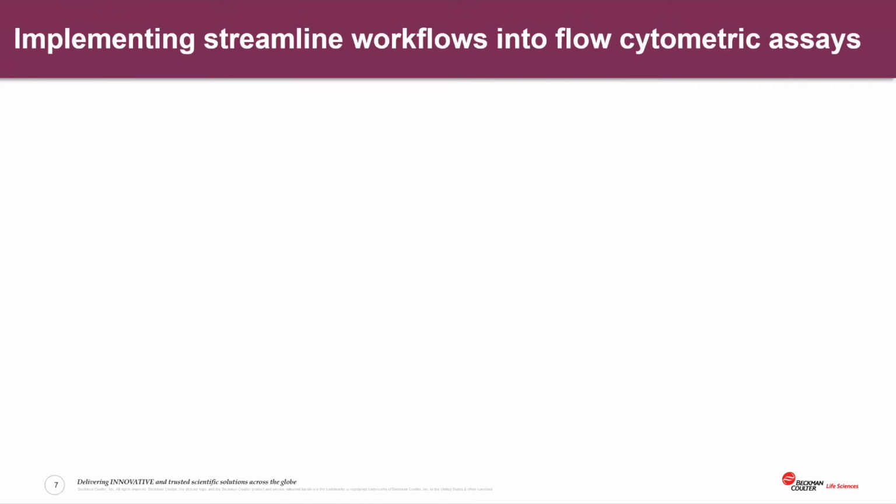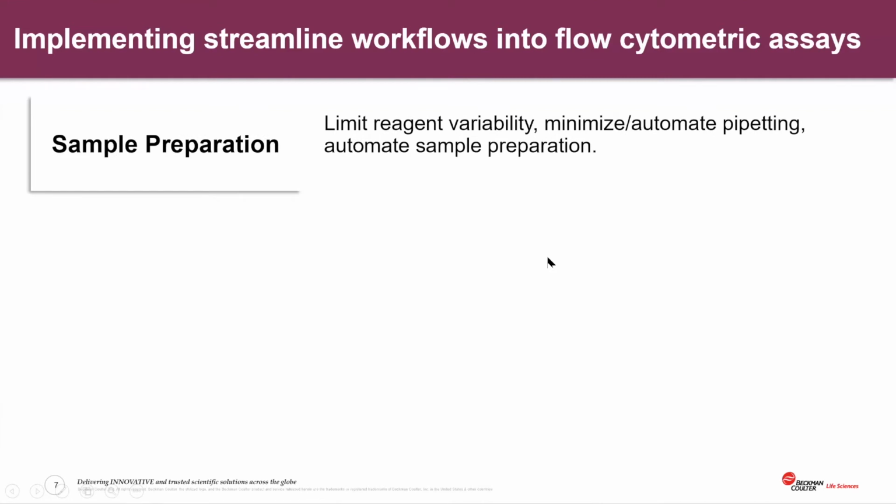But ultimately today, I'm going to give you a really good overview of how you can implement streamlined workflows into your flow cytometry. And this is going to depend on 3 aspects. The first is sample preparation, where we're going to discuss limiting reagent variability, minimizing pipetting, and automating the sample preparation.